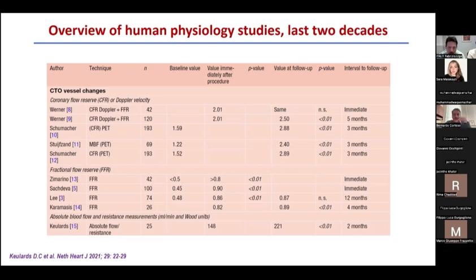We start with a mean FFR of 0.45 in the occluded vessel, checked through the occlusion. When we reopen this vessel, clearly the FFR increased from 0.45 to 0.90 and normalized at 4 months.